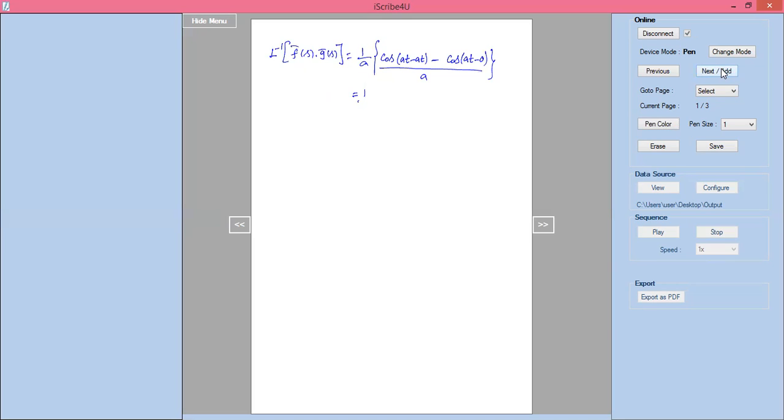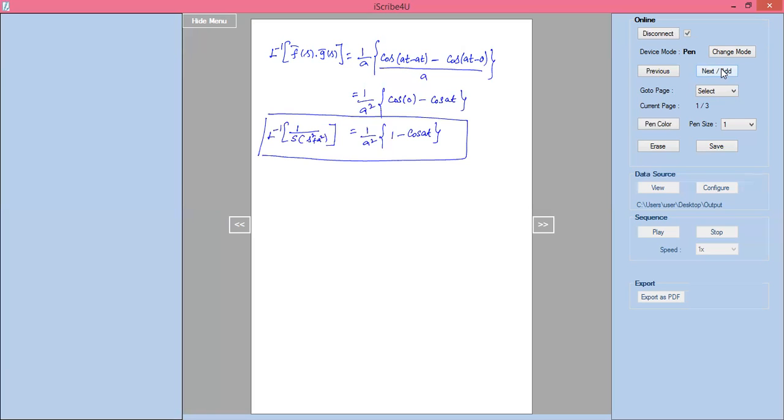Now 1 by a into 1 by a is 1 by a square. Cos of a t minus a t is cos 0, minus cos a t, which equals 1 by a square into 1 minus cos a t. So L inverse of 1 divided by s into s square plus a square equals 1 by a square into 1 minus cos a t.